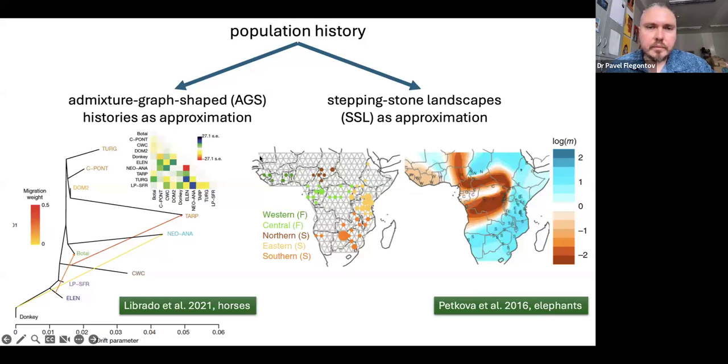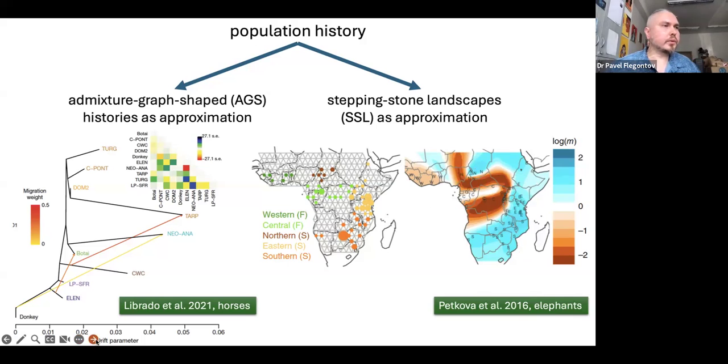There's a triangular lattice overlaid over Africa, and demes or individuals are arranged on this lattice. So we have coordinates of demes or individuals on the lattice, and we can measure various properties of this structure. We can infer genetic barriers, like is shown here on the right. Genetic barriers are shown in brown, and areas with pervasive gene flow are shown in blue.